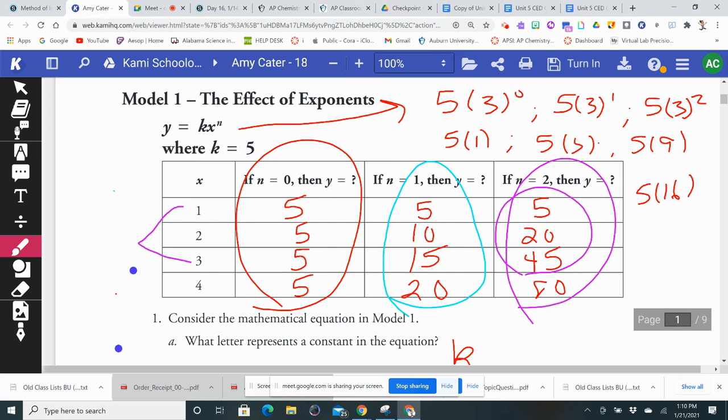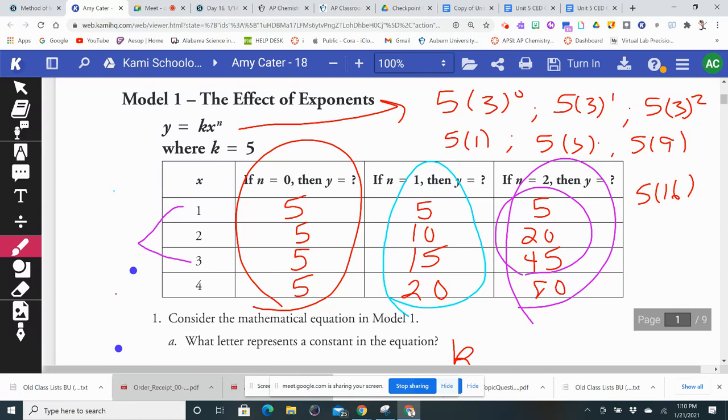From 5, it's 15, right? Okay. Think about what number would you multiply 5 by to get 45? 9, right? And to go from 1 to 3, that's tripling it. That's 3, right? Yeah. And what's 3 squared? 9. Where's the 45?